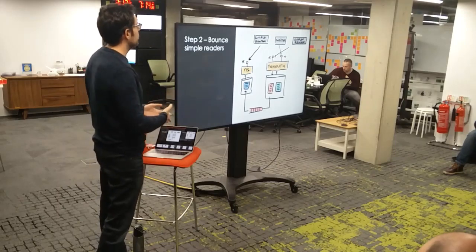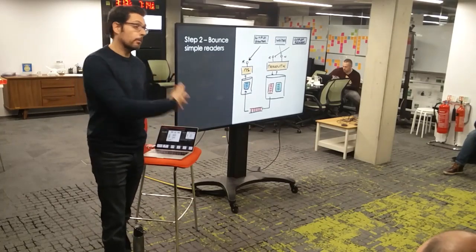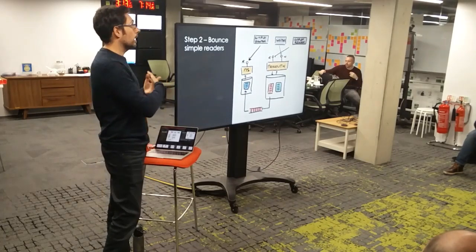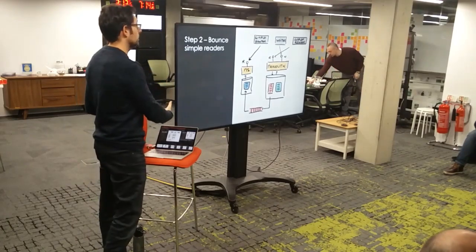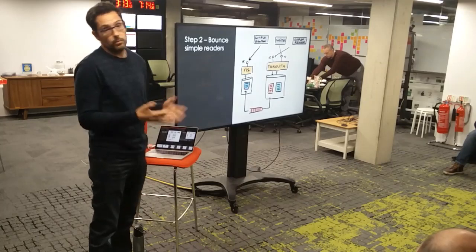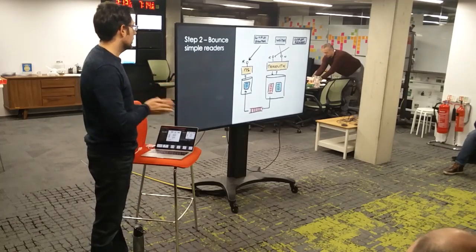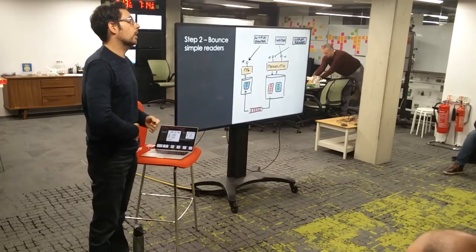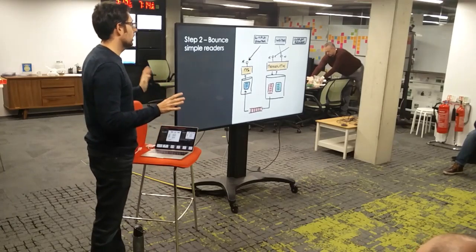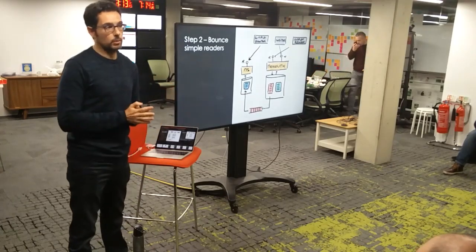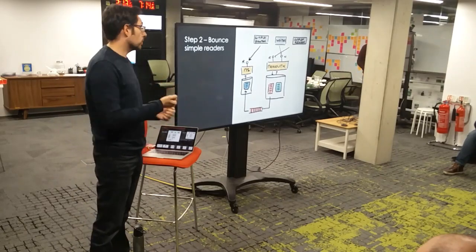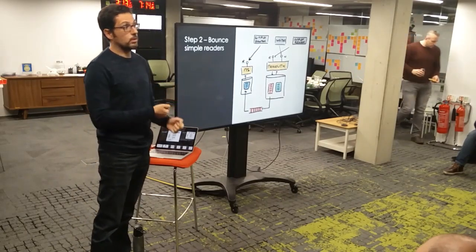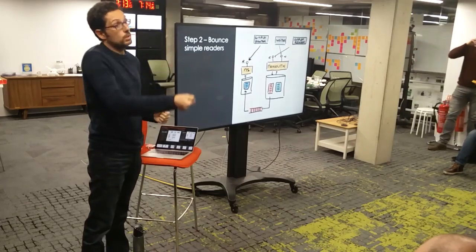Once it is ready, this is when you start thinking, okay, I can start bouncing some of the clients away from the monolith and into my new microservice. Let's say that you have a simple reader that is just reading about this entity. Cool. This is the easiest possible case that I can imagine. So you change your consumer, your client, to start using the new API.